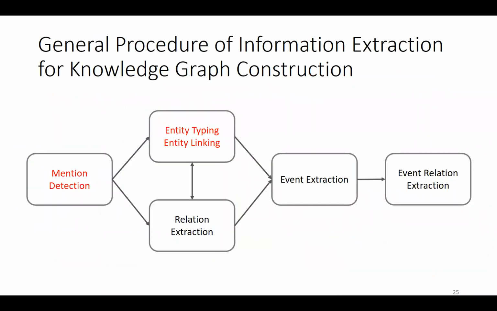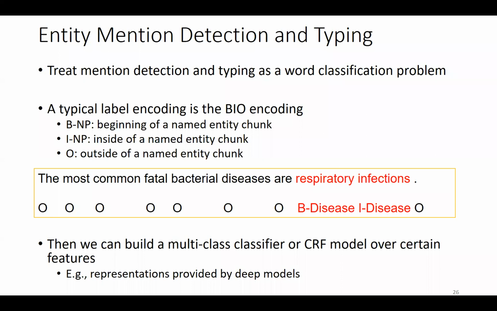Now we start to introduce different information extraction tasks. We start from mention detection and entity typing, since these two tasks are highly related. To detect the mentions, we treat it as a word token classification problem. A typical label encoding mechanism is to decide the mention boundary by the beginning and the inside part.